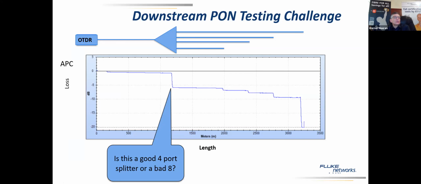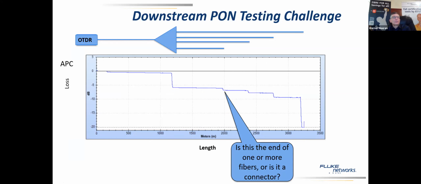So is this a good 4-port splitter, or a bad 8-port splitter? Is this the end of one fiber, or maybe a connector? The OTDR cannot really see that. That's why it's pretty challenging to do an OTDR test in the downstream direction of your PON installation.